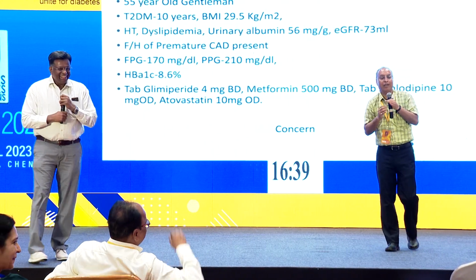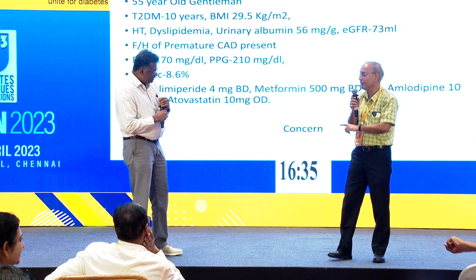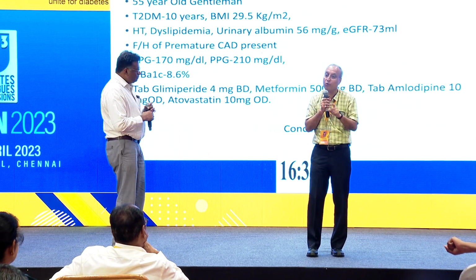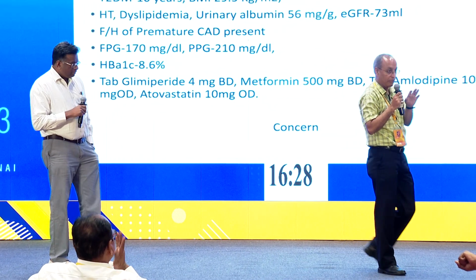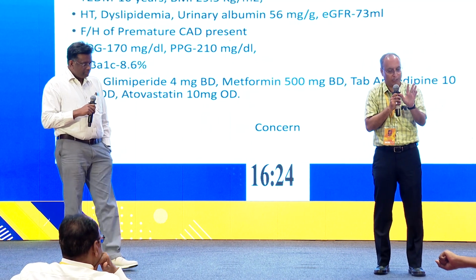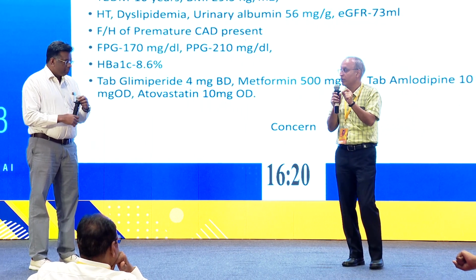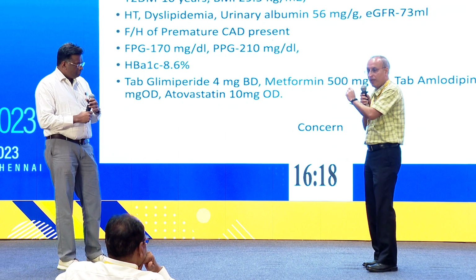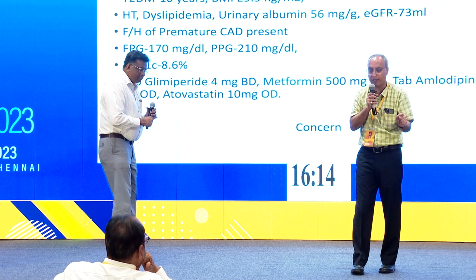So now, when we have to manage this patient, Rajeev, we have to manage comorbidities also. Now, based on the present data, based on RCTs, I am not talking about individual opinions, based on randomized controlled trial, this patient is having CKD, this patient is at a risk for premature coronary artery disease.